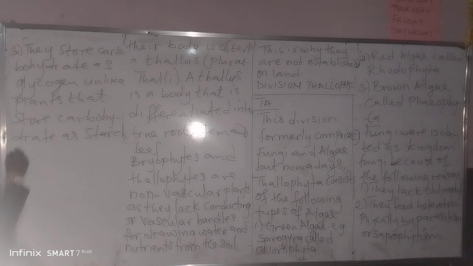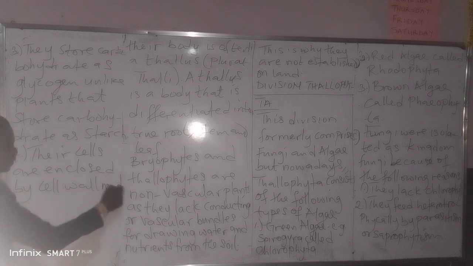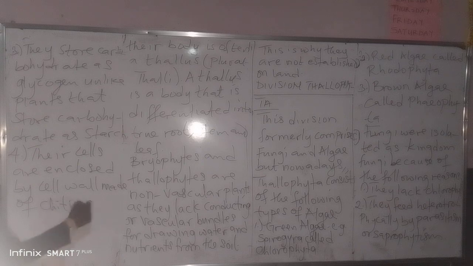Number 4, their cells are enclosed by cell wall made of chitin and not cellulose like plant cells.